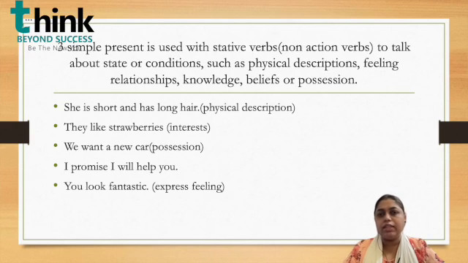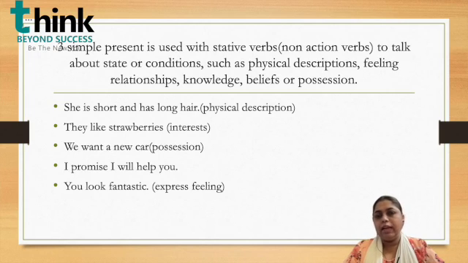It is a physical description, no physical action is involved. I like strawberries. It is an interest, but no physical action is involved. We want a new car. Want has no physical action. It is a stative verb.